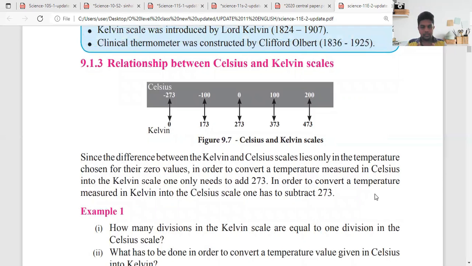The thing you want to understand is that the temperature difference is equal.